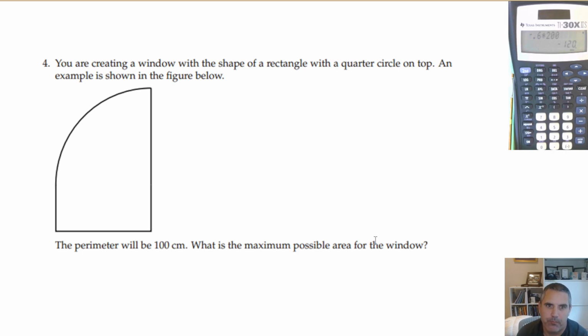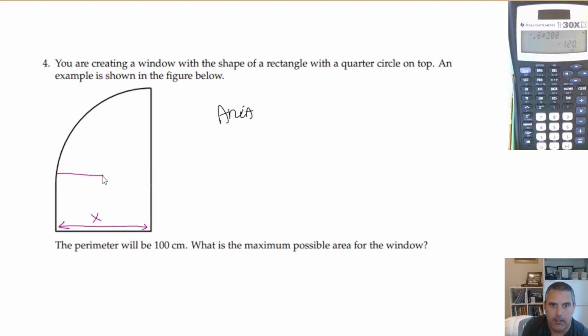Here's another one. What do we want? Maximum possible total area. Now this time it's a different shape, but what does it tell me? It's the shape of a rectangle, so let's call this x. The perimeter is 100 with a quarter circle top.